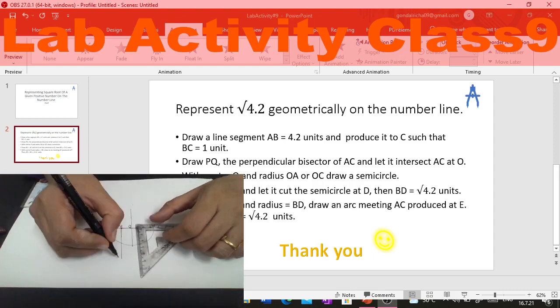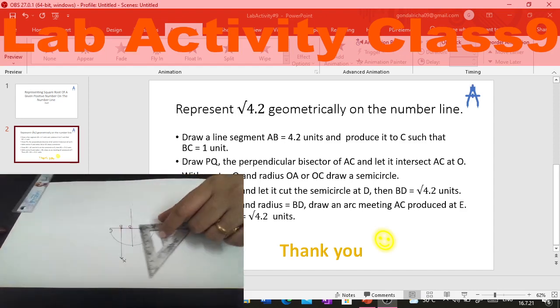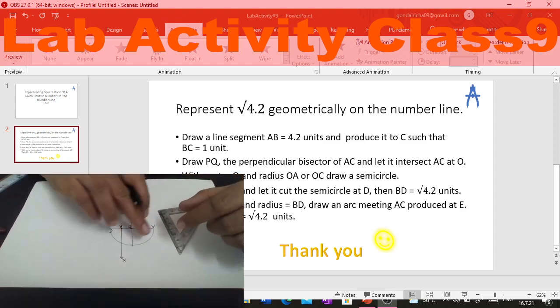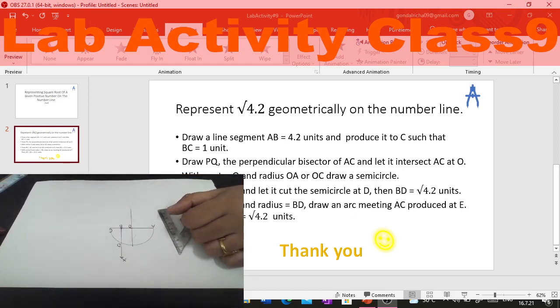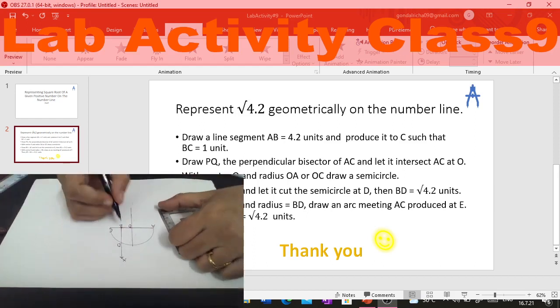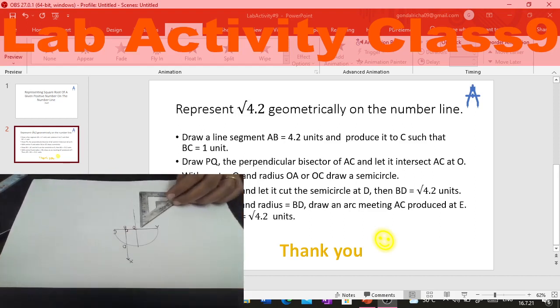So this is the perpendicular BX. Let this BX intersect the given semicircle at point D. So here this perpendicular BX is intersecting the semicircle at point D.